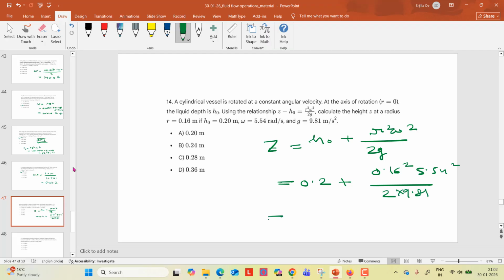It is coming out to be 0.24 meter. Option B.